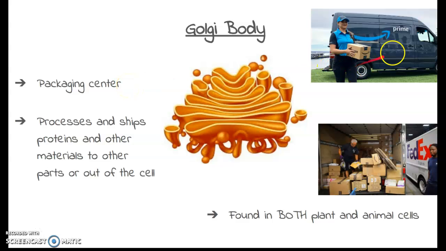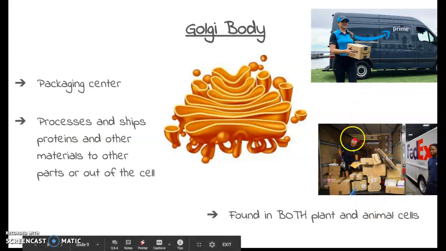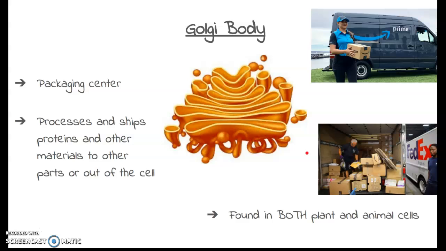So I kind of refer to it as like the Prime or the FedEx of the cell, because they package all the materials, the proteins and other items, the lipids, and they get them ready and package them up in boxes, which are called vesicles. These little ball things are called vesicles, and they allow it to leave the cell.